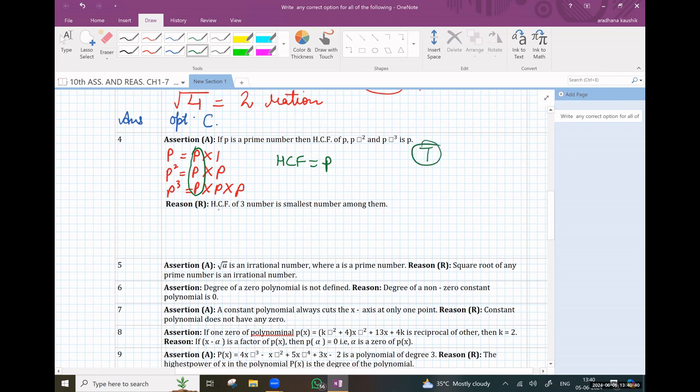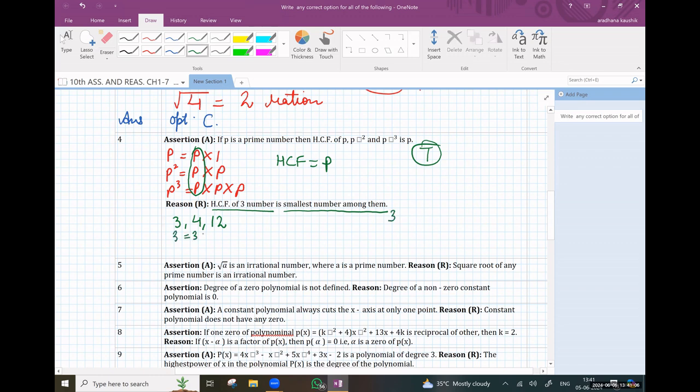Now reason, HCF of 3 numbers is smallest number among them. So we need to take one example here. Let's say the 3 numbers are 3, 4 and 12. So as per the statement of reason, the HCF should be 3. Now let's check it.